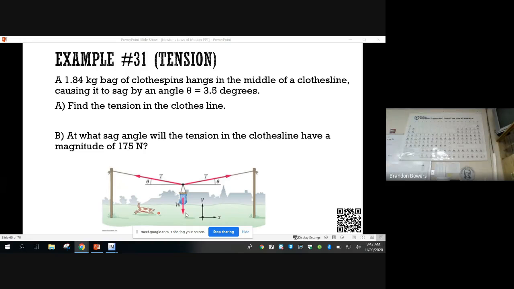So 18.03, I think I heard. Okay. So that's the force of gravity. Now, since it's being equally distributed between the two lines, 9.016 on this side, 9.016.